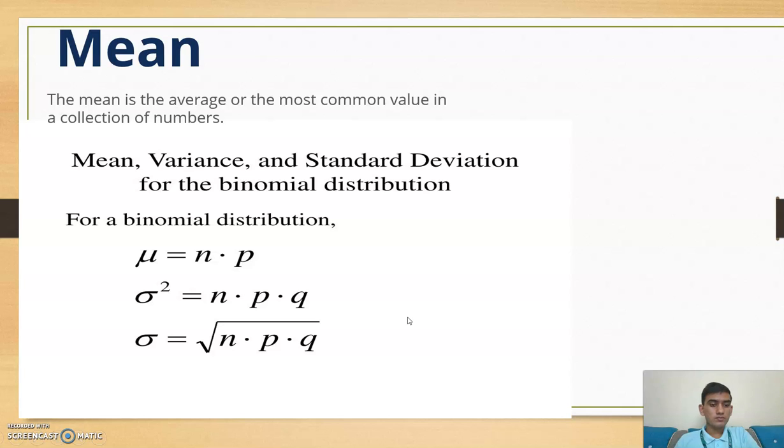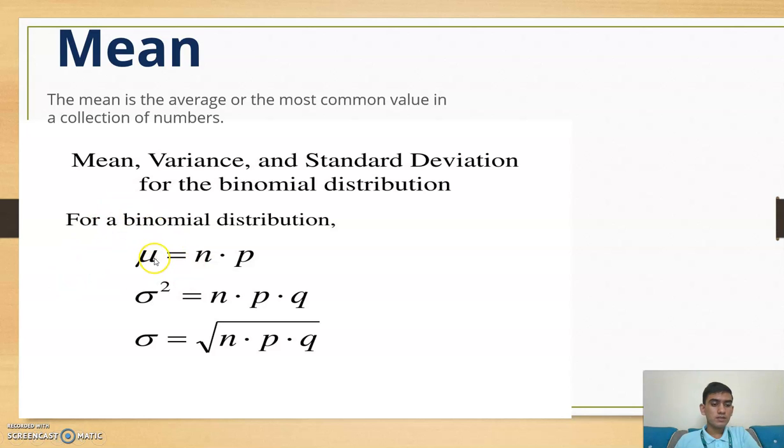So now we will see how to find the mean. The mean is the average or the most common value in the collection of numbers. So these are the terminologies which we have to find in binomial distribution: mean, variance and standard deviation. So our topic is mean.